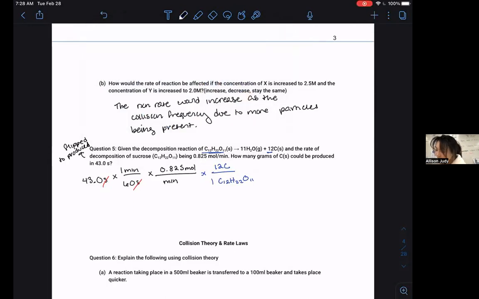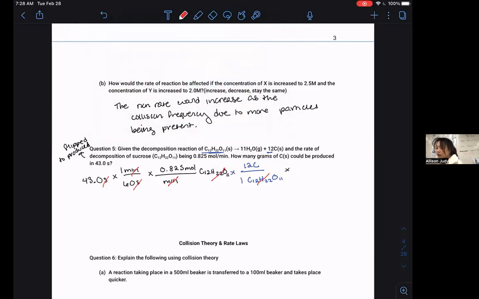Then I'm in moles of carbon, and I realize I should move this and write sucrose, C12H22O11, just to clarify, so that you can see that I canceled out everything.